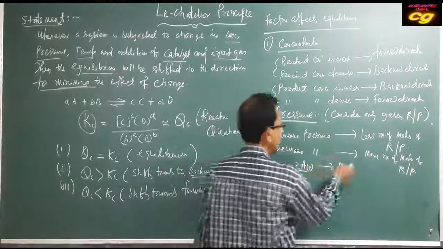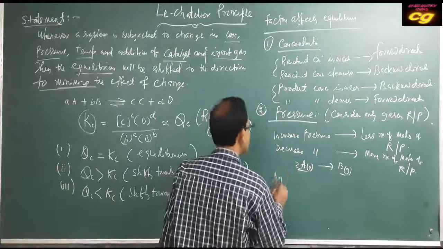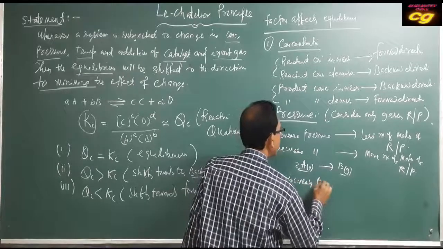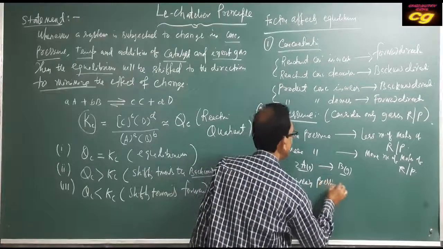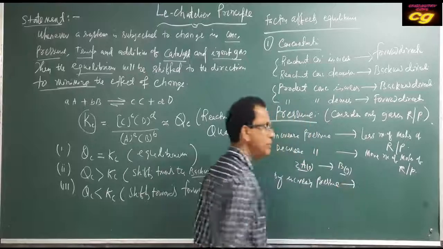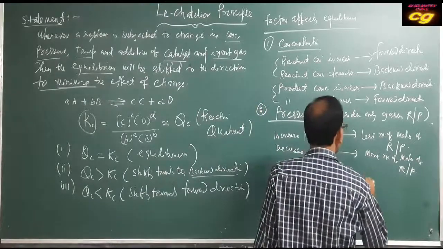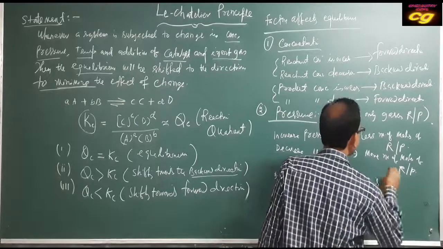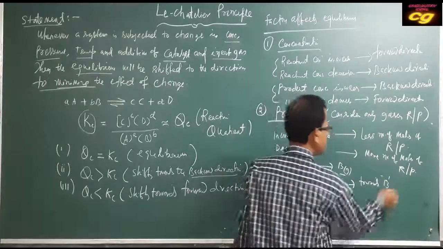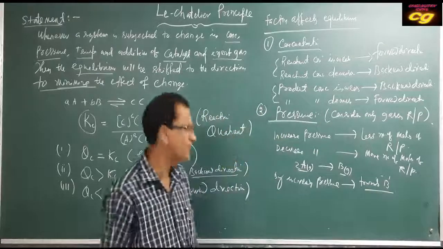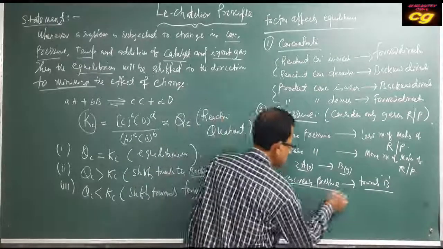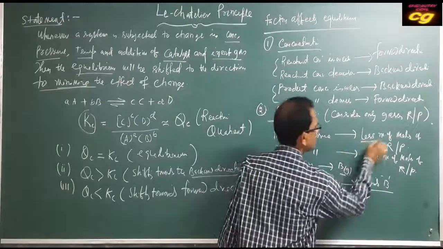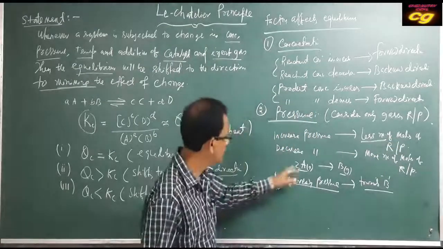So for 2A plus B, by increasing pressure, equilibrium will be shifted towards B, that means the forward direction, because when the pressure is increased, as per the theory, equilibrium shifts towards fewer moles.